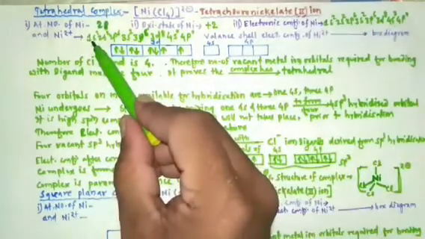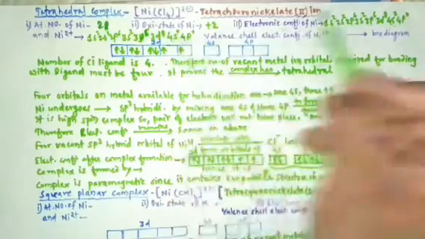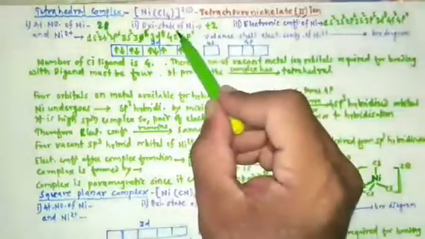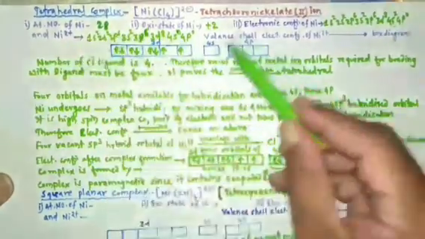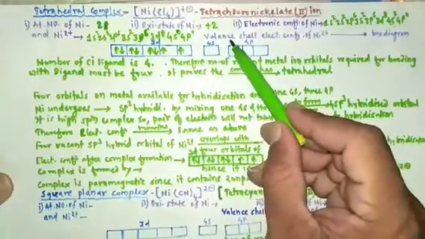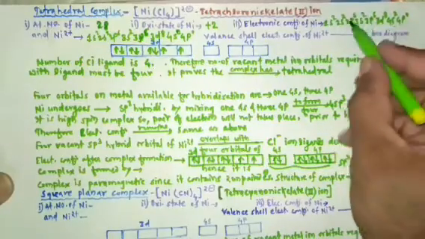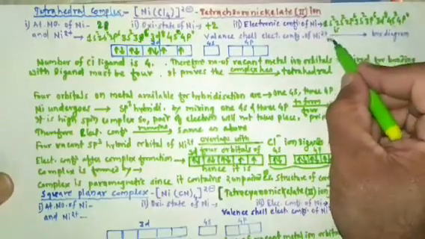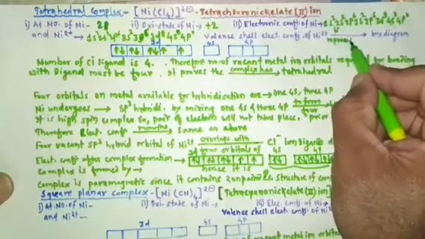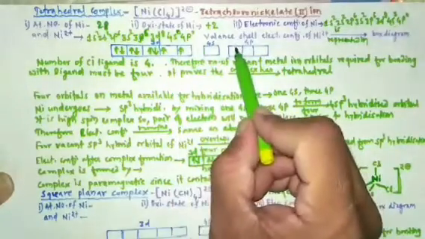Therefore the configuration is 1s2, 2s2, 2p6, 3s2, 3p6, 3d8, 4s0 and 4p0. The valence shell electronic configuration of Ni2+ is represented by the box diagram as follows.